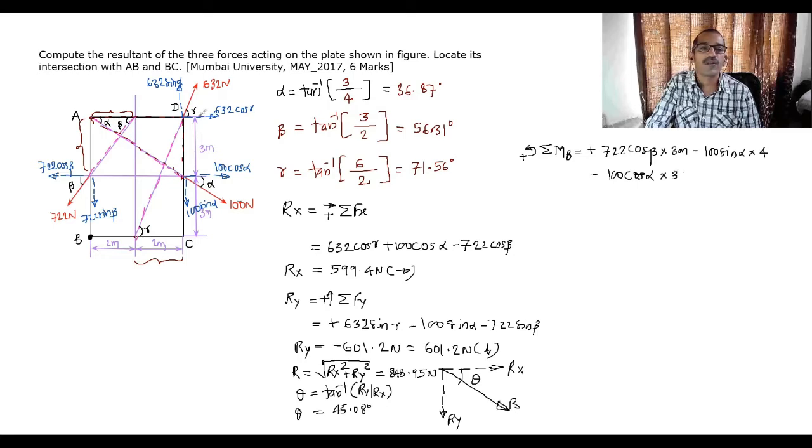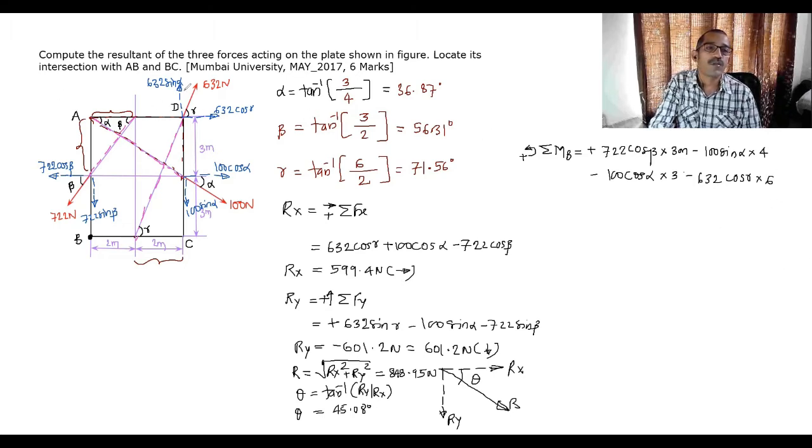Moment of the horizontal component of 632. Again, horizontal force, moment about B is clockwise, minus 632 cos gamma. What distance from point B? Horizontal component, so vertical distance. Vertical distance is 6 meter.